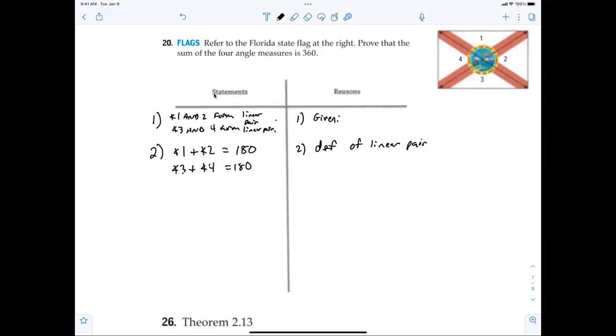And so now what? Right, angle 1 plus angle 2 equals angle 3 plus angle 4. Well, yes, but what are we trying to prove? That it always equals 360.